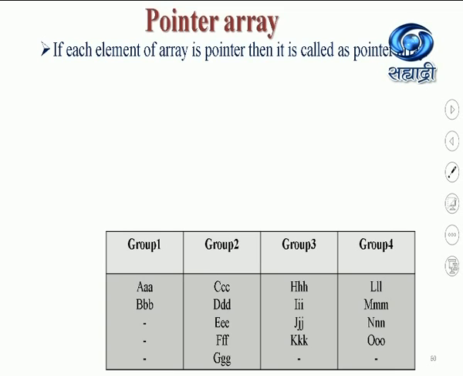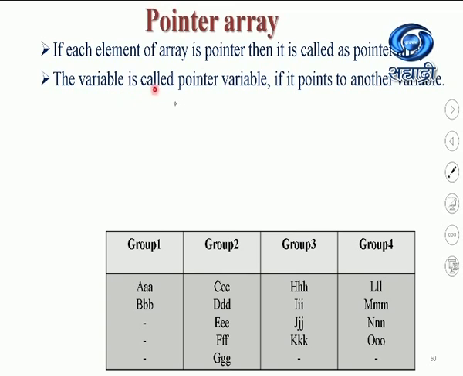It means the first element of the pointer array is the address of group 1's first element, that is, the content AAA. Then the second element is the address of this content CCC, and the third group, this is the address of the first element. Then the last element is the address of this element LLL.